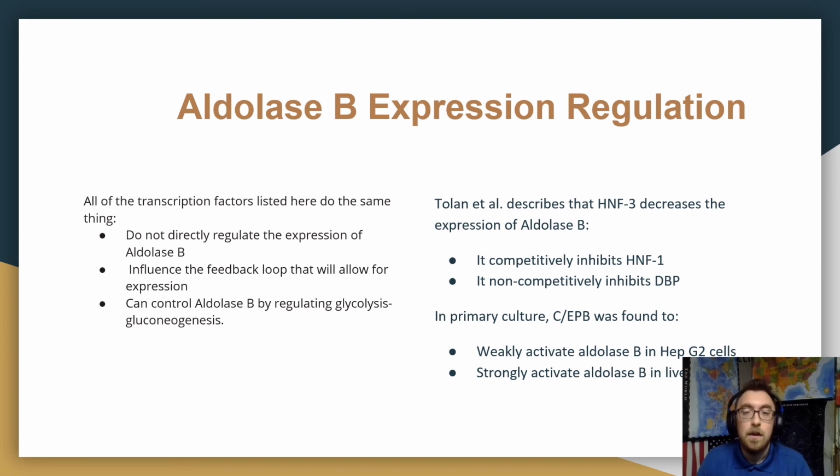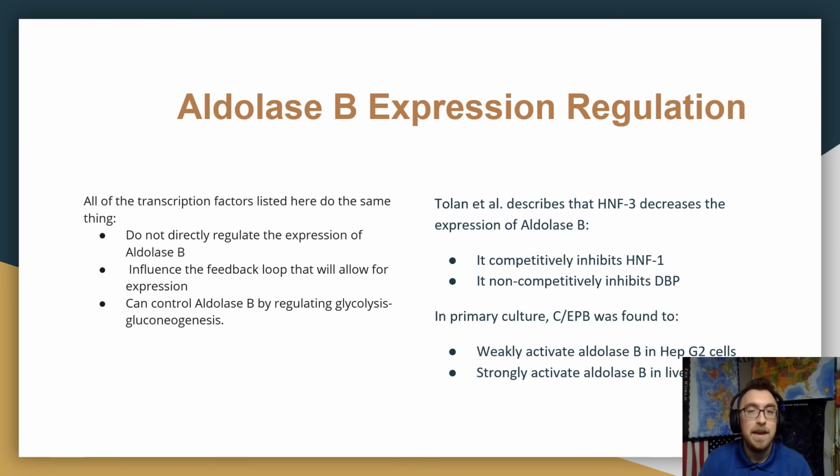In a paper by Tolan, it describes how in HepG2 cells, HNF1 and DBP are strong activators of aldolase B, which means the expression will be increased, while HNF3 competitively inhibits HNF1 and non-competitively inhibits DBP.